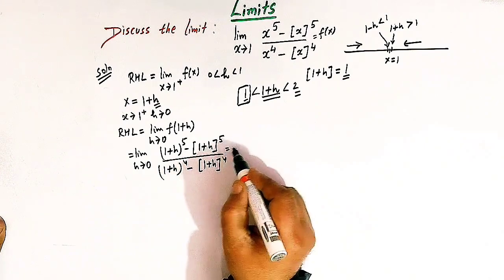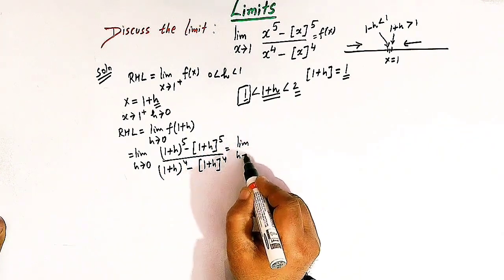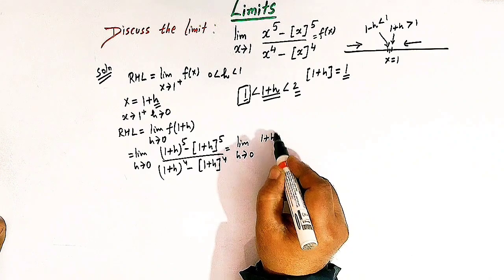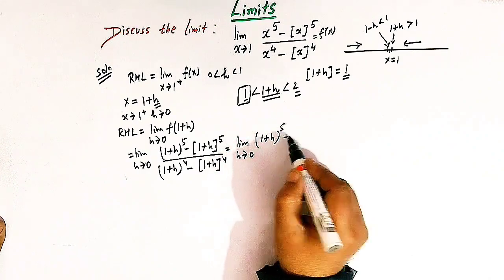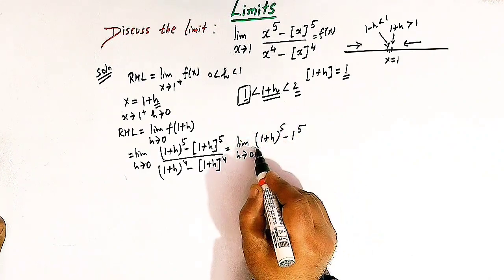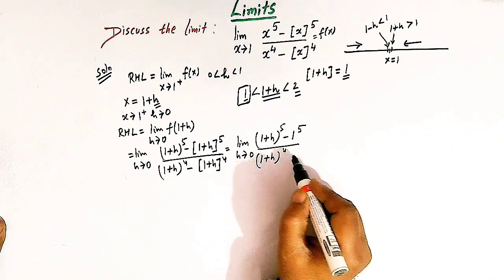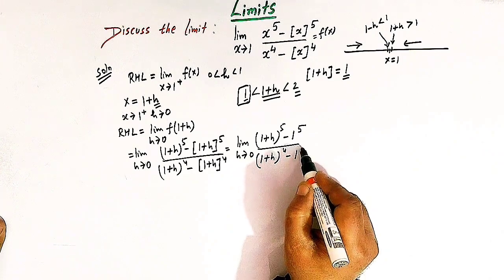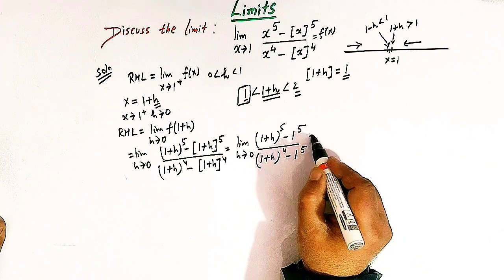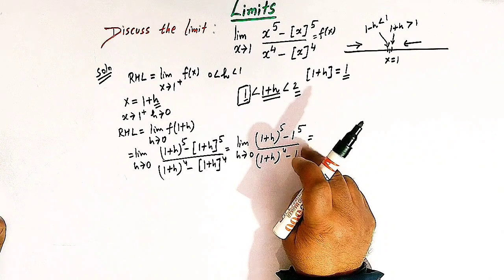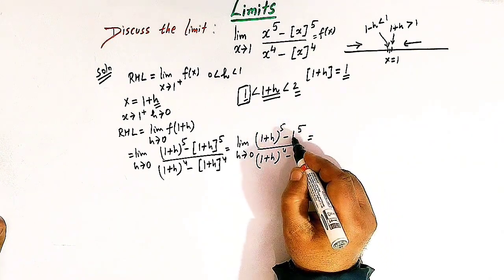So here we have the limit h tends to 0 of 1 plus h raised to 5 minus 1 raised to 5, and in the denominator 1 plus h raised to 4 minus 1 raised to 4, and 1 raised to 4 is 1.